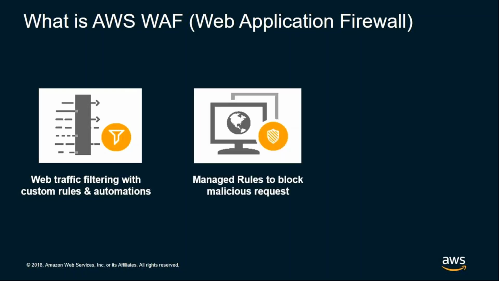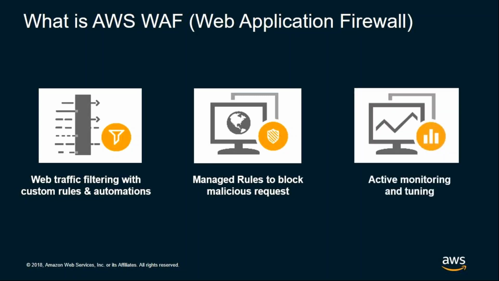AWS Web Application Firewall also gives you managed rules to block any known malicious requests before they even hit your application. And lastly, Web Application Firewall also gives you visibility into the threats that are being detected and mitigated. And you can actively monitor those or alert yourself using CloudWatch alerts. And that also gives you the opportunity to tune those rules every time there are new threats that emerge.